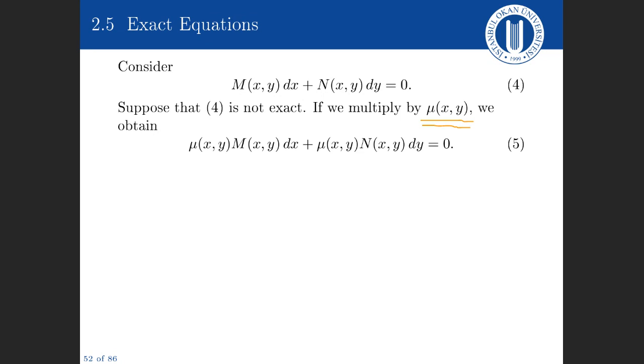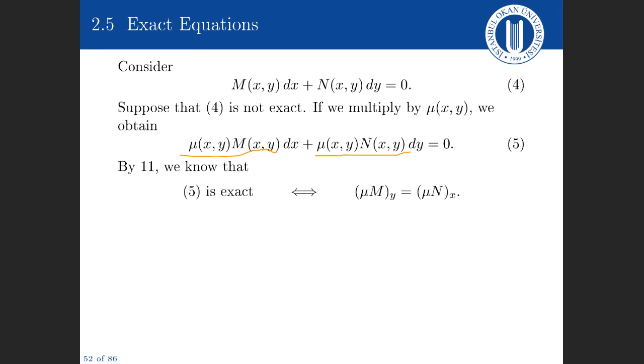So we get mu m dx plus mu n dy is equal to 0. And we know that this equation, equation 5, is exact if and only if the y derivative of the first function is equal to the x derivative of the second function.